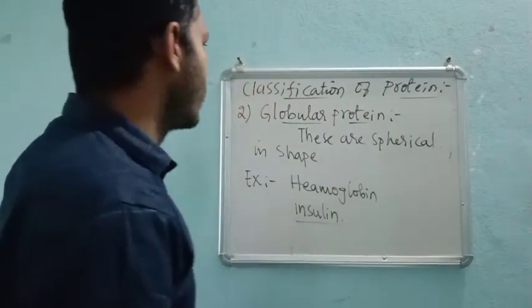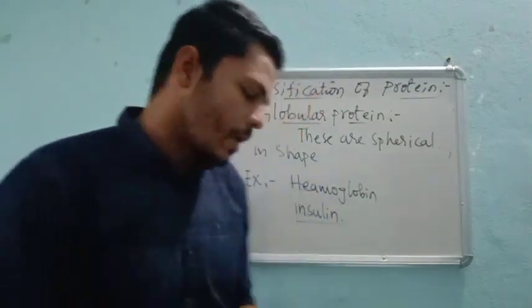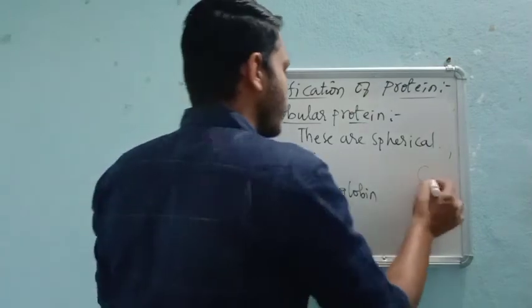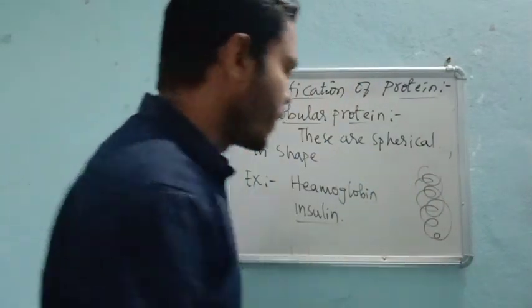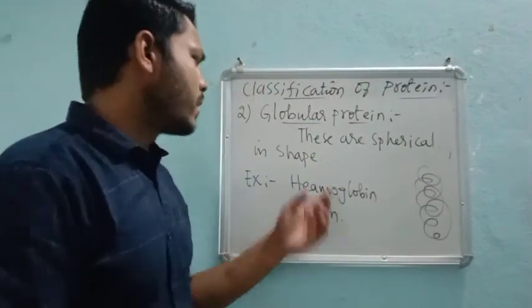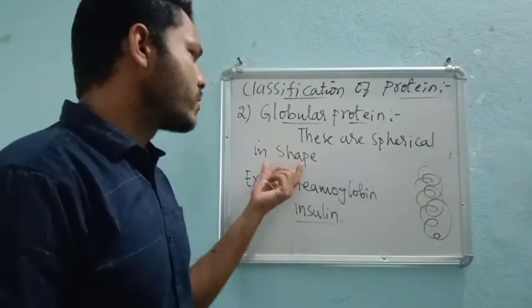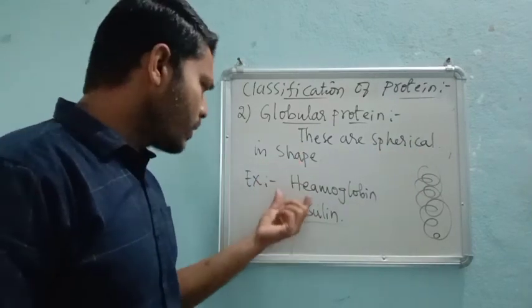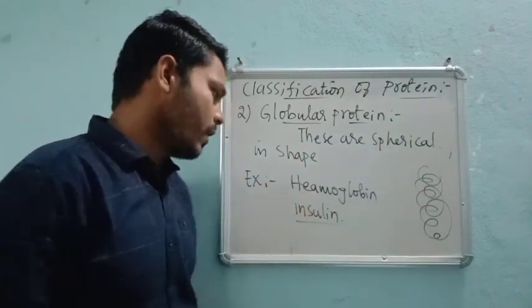Insulin is very important here. Globular proteins have a globule-like structure. They also have hydrogen bonding itself, but they look like a spherical shape, and the examples are hemoglobin as well as insulin.